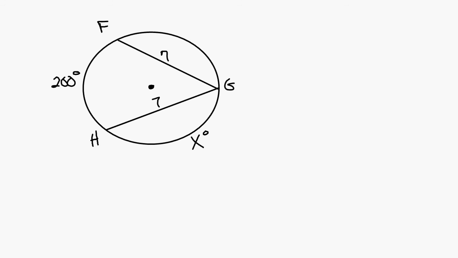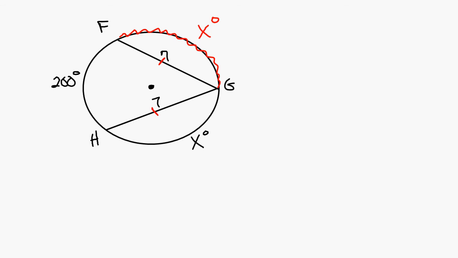Okay? So here's what you're dealing with. If these two chords are the same, if FG is the same as GH, then they're congruent to each other. If those two chords are congruent to each other, then arc FG is also equal to x degrees. Okay?